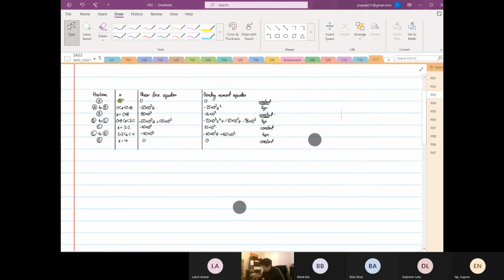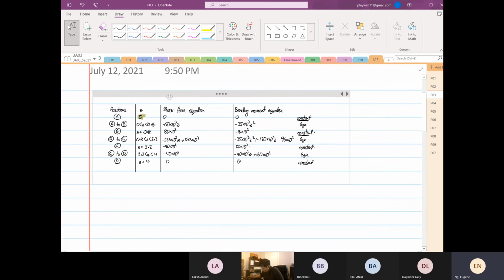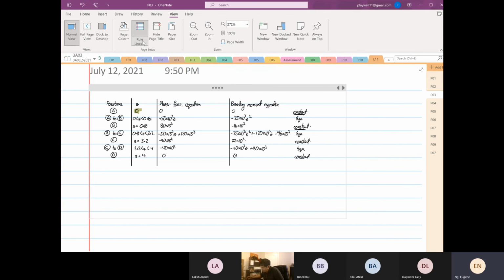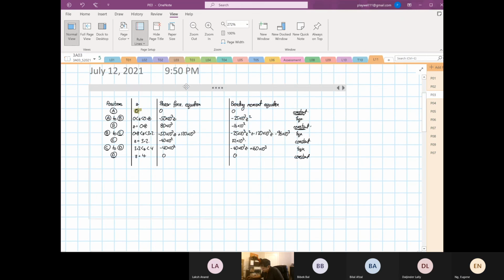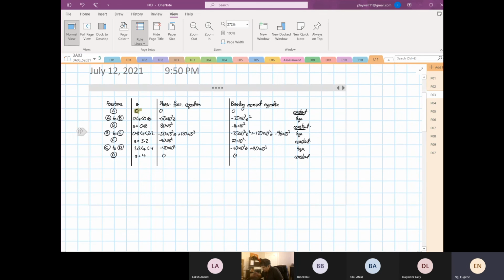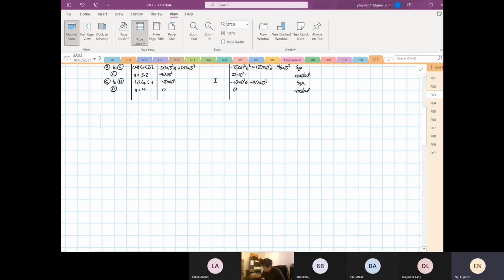So this is our, I make it smaller, so we don't need it so big. So now we're going to sketch our shear force equation. So minus 40 and 80, that seems to be the range. Okay, so we're going to draw.